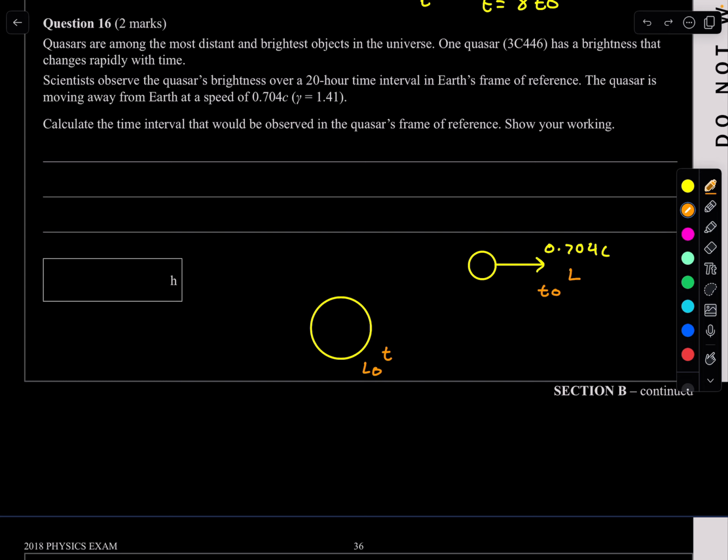So calculate the time interval that would be observed in the quasar's frame of reference. They're going to be measuring the proper time, so that's what we want to calculate. Proper time is the dilated time over gamma. The dilated time is the one measured by the Earth's frame of reference, which is 20 hours, and we want it in hours.